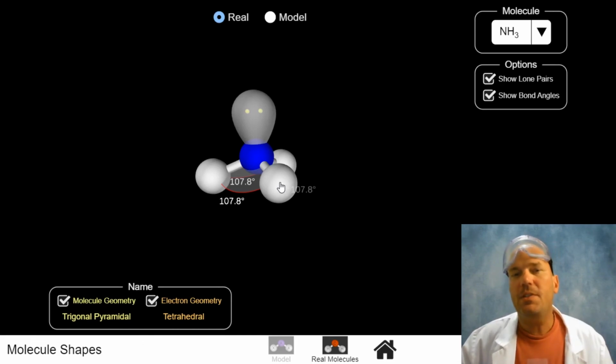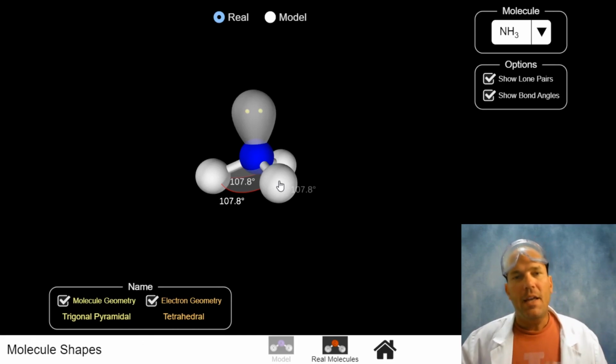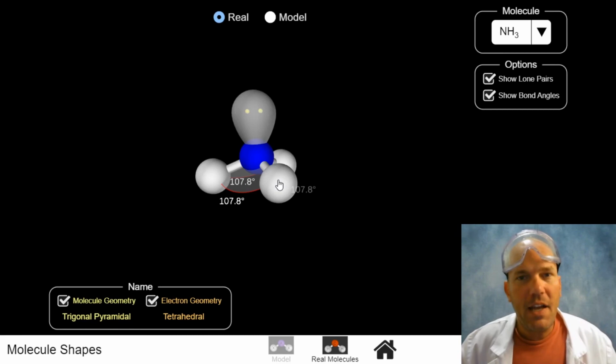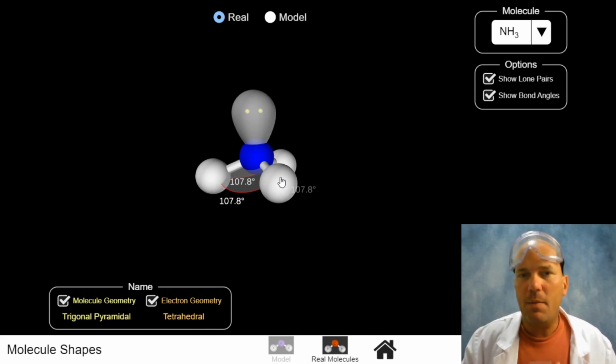And in this case, we see 107.8. Now, that's not critical, but what is to me very important is that you can understand that the bond angles with this one lone pair will make it less than 109.5.